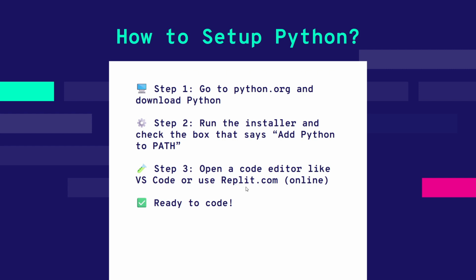But if you're fine with downloading Python on your computer, all you have to do is go to python.org, download the latest version of Python for your OS, whether it be Linux, Mac OS, Windows. Then step two, you run the installer and make sure to check the box that says add Python to path. This will basically let any coding software know how to access Python.